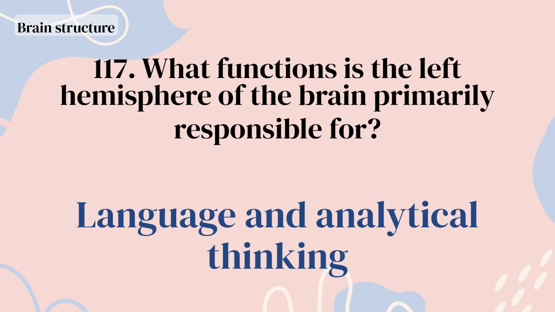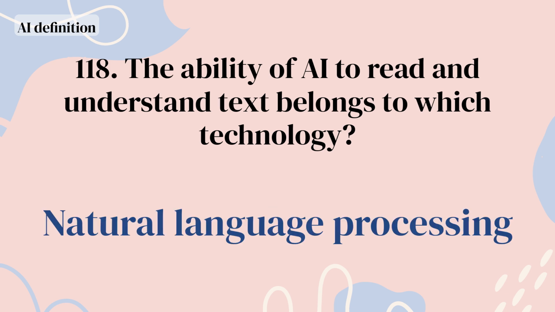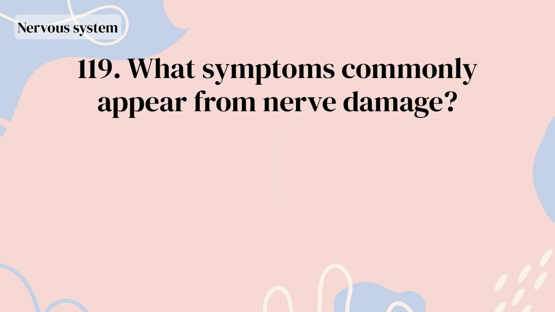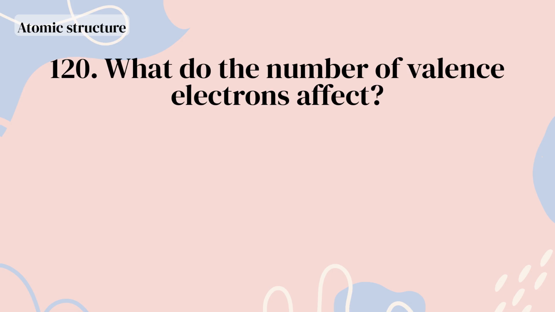Language and analytical thinking. The ability of AI to read and understand text belongs to which technology? Natural language processing. What symptoms commonly appear from nerve damage? Motor or sensory abnormalities.